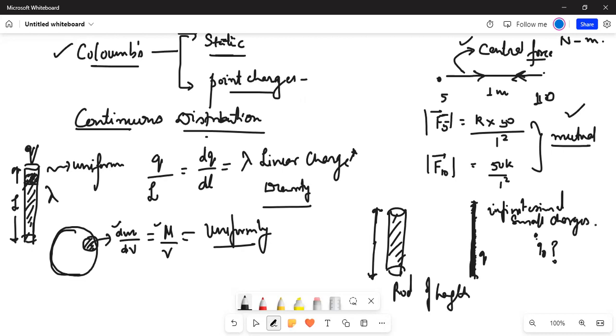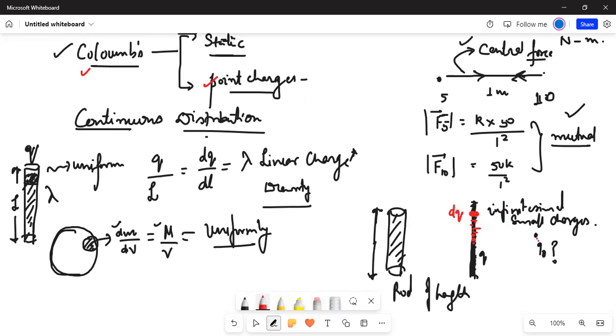You would instantly say that, okay, I'll try to divide this entire rod into infinitesimal small lengths. Why would you do that? Because you know that after all, Coulomb's law is only valid for the point charges. You would take simply a point sort of charge from here, let's say dq, and you will try to find the force due to this charge dq on q naught.